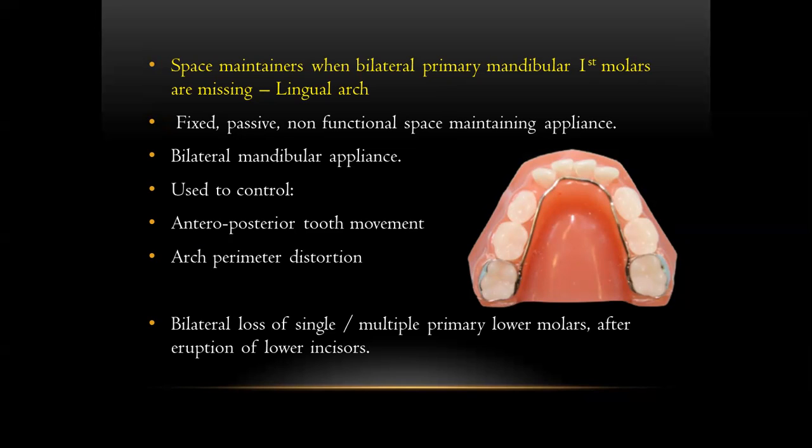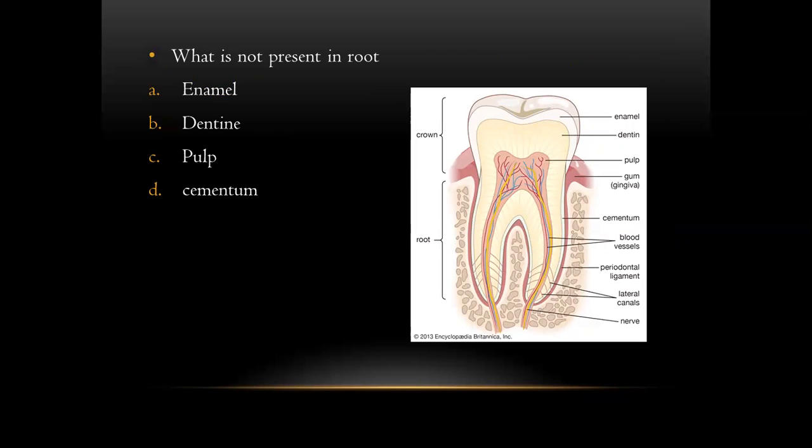It is a bilateral mandibular appliance and it is used to control anterior-posterior tooth movement and arch perimeter distortion. So it is used in bilateral loss of single or multiple primary molars and after the eruption of lower incisors. I hope it's clear.